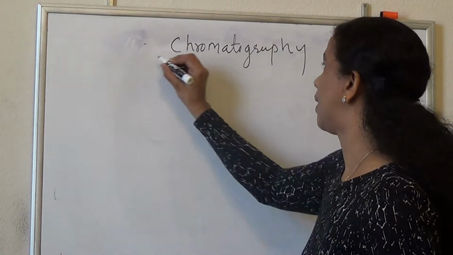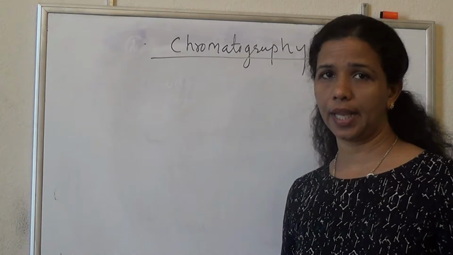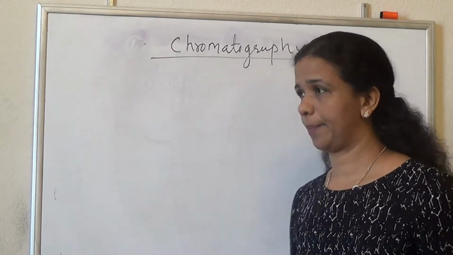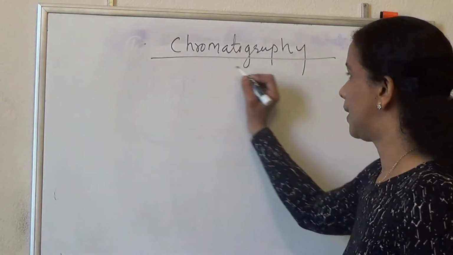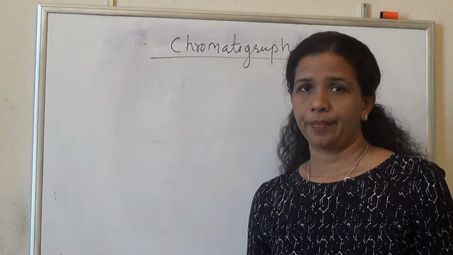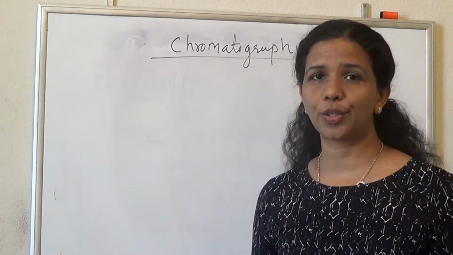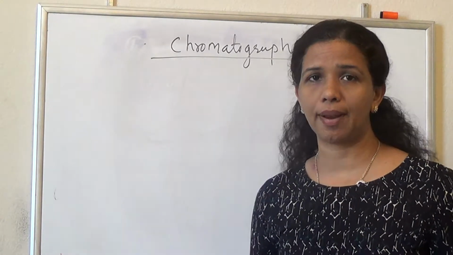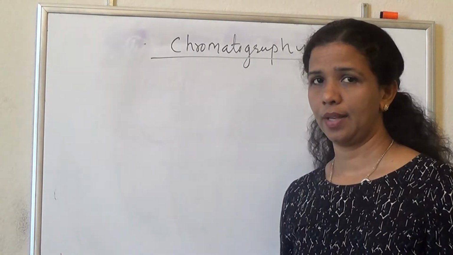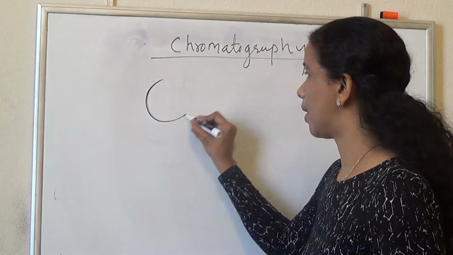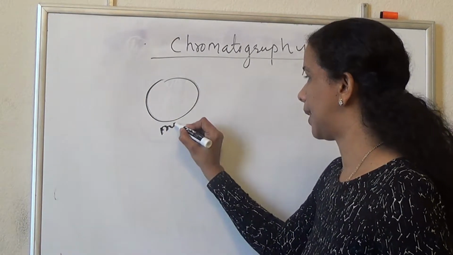There are so many chromatographic techniques. I will discuss only one here. It is based on the principle that components in a mixture have different adsorption rates towards a particular adsorbent. So we are taking an impure mixture of metal.